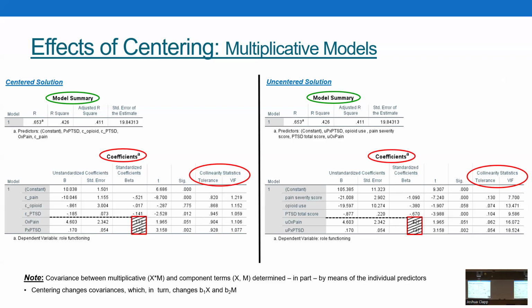The argument is that centering changes your covariance, and in the centered variables those collinearity diagnostics look a lot better than they do over here. Okay.